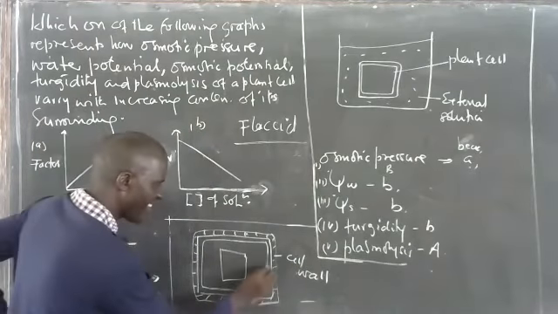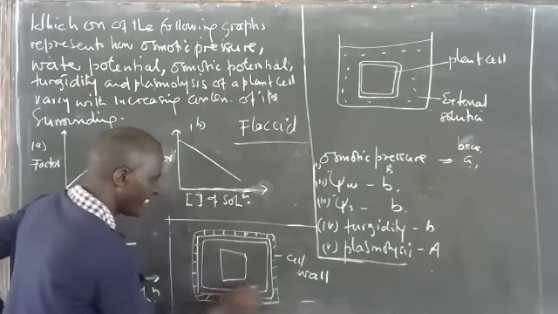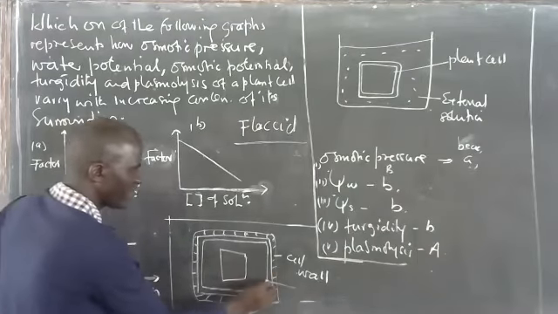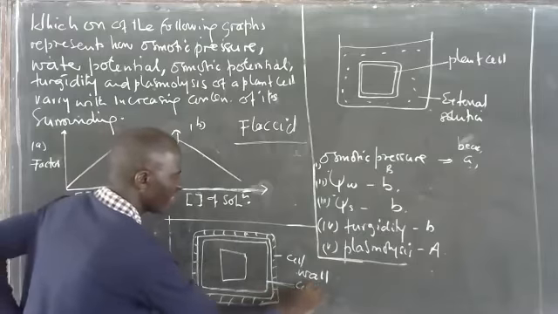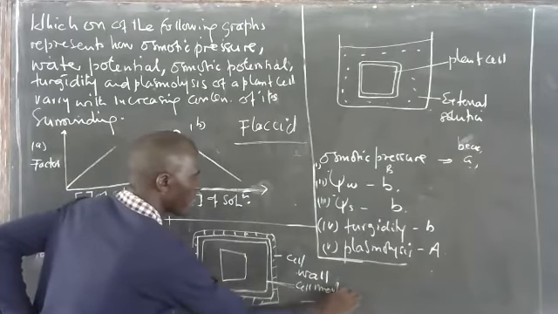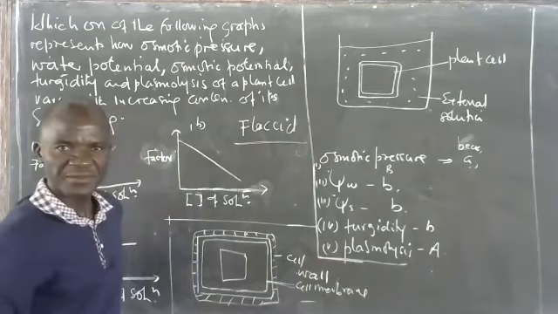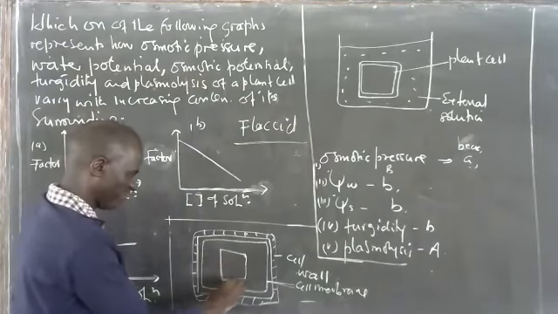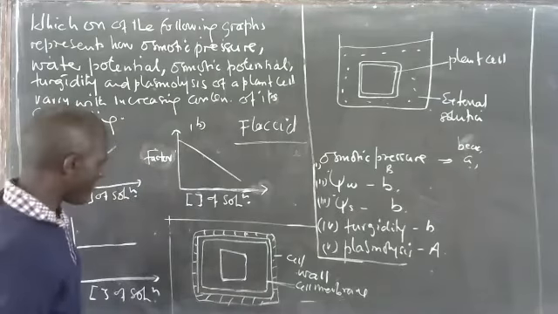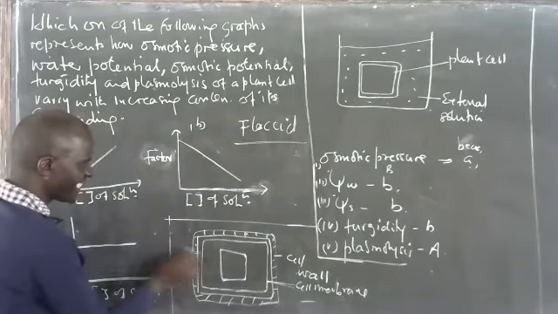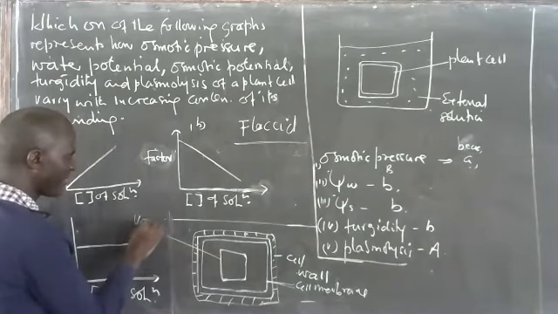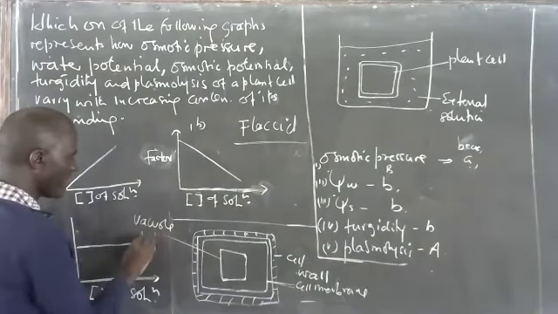Then the thin one is the cell membrane. Then this inner one, the tonoplast. Tonoplast means the membrane of the vacuole, the vacuole membrane.